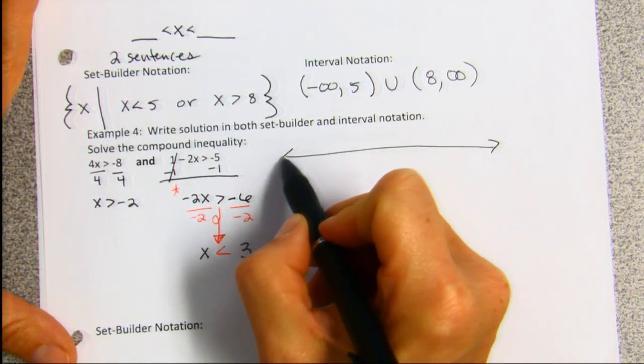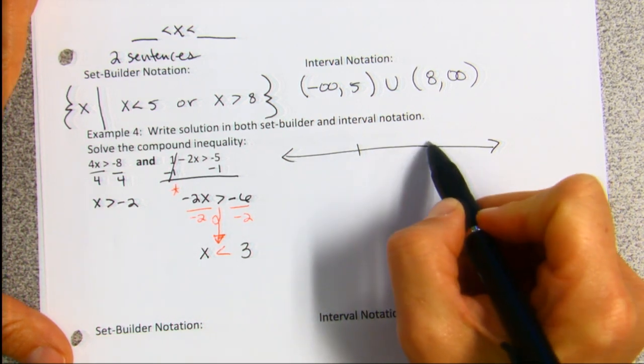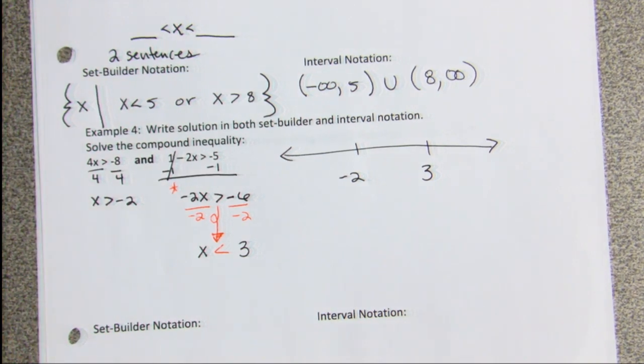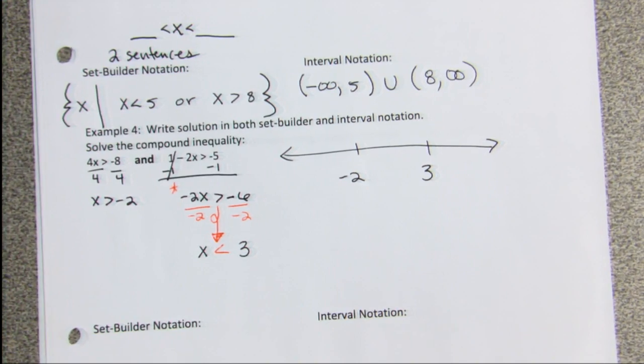My next step always is to just go to a number line. Am I using hard or soft brackets on both of these? Soft. I just said both of them since they're both the same. If they were or equal to, remember you'd have to use a hard bracket.